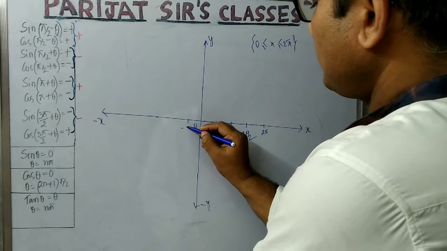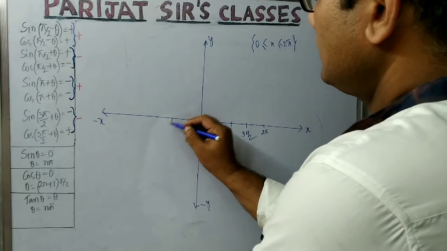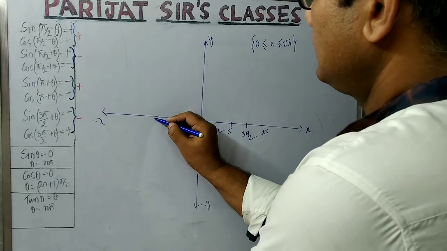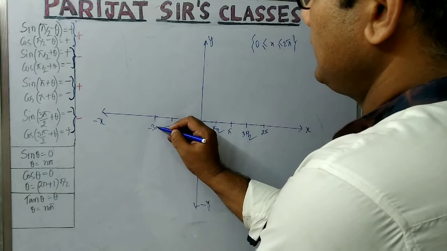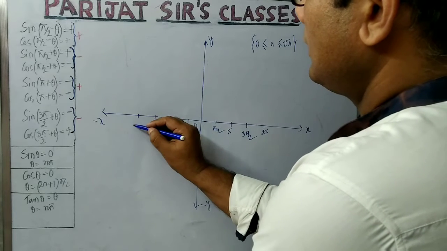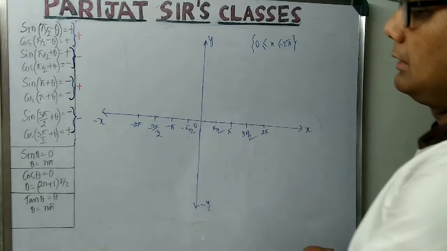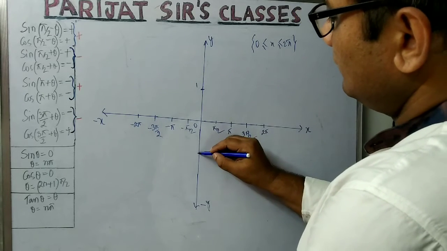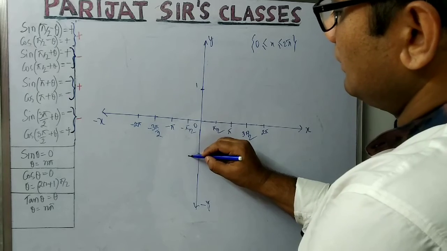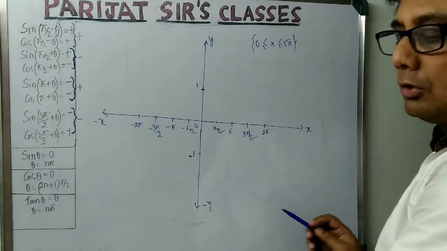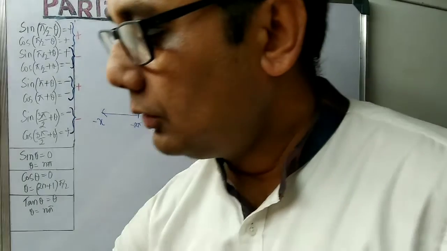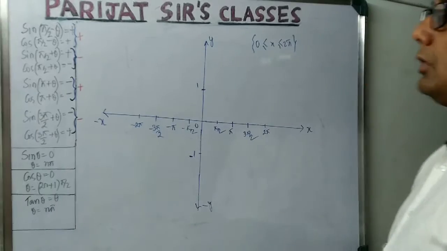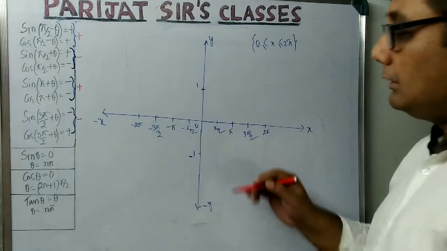And this is minus pi by 2, this is minus pi, this is minus 3 pi by 2, and this is minus 2 pi. And this is 1, and this is minus 1. So let us see how the graph of the sine varies.